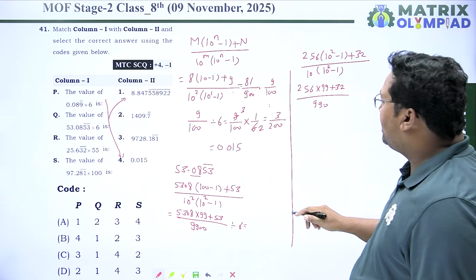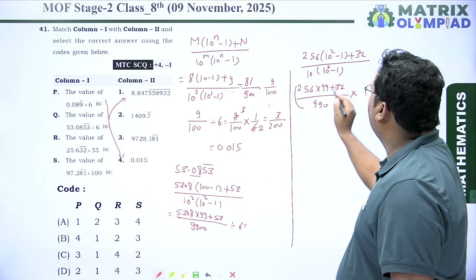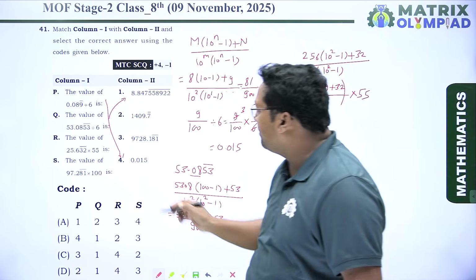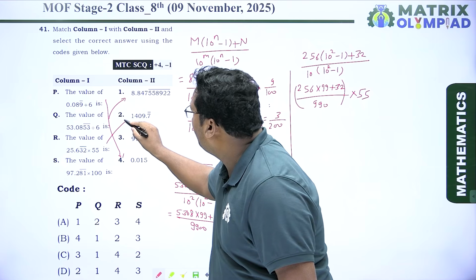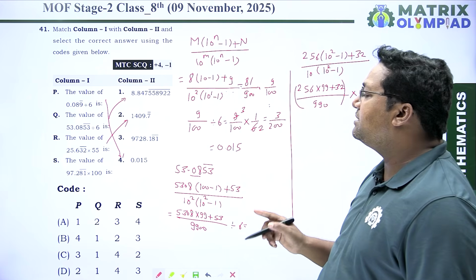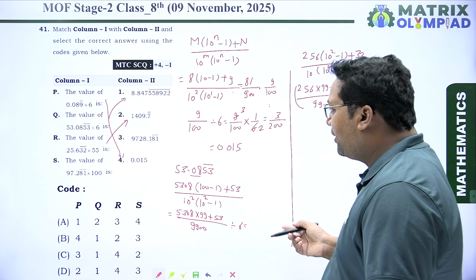And when we multiply this number by 55, we get the value of this number as 1409.7 bar. The next number is the value of 97.281 bar into 100.